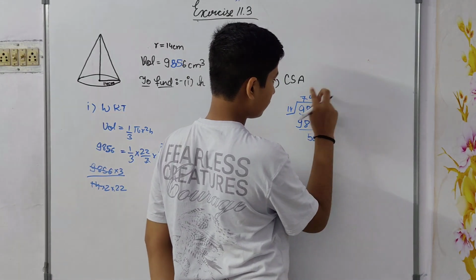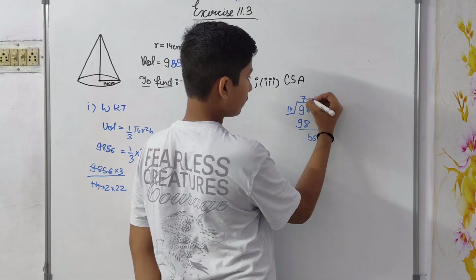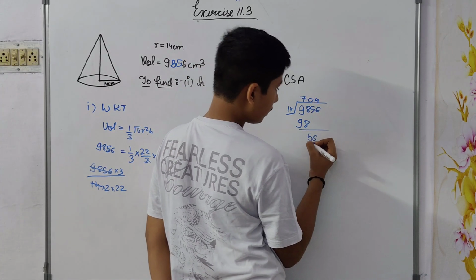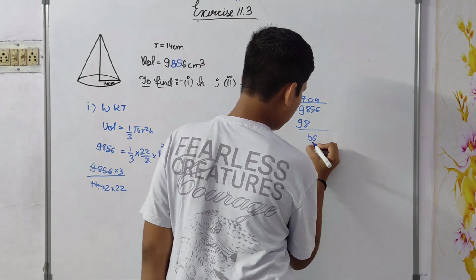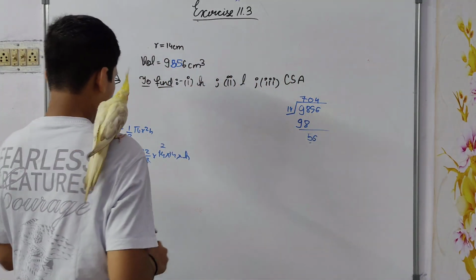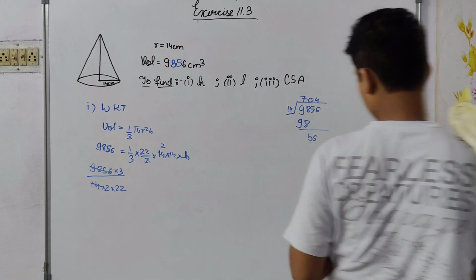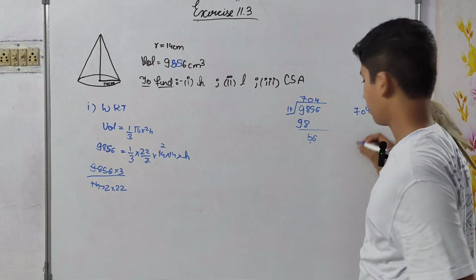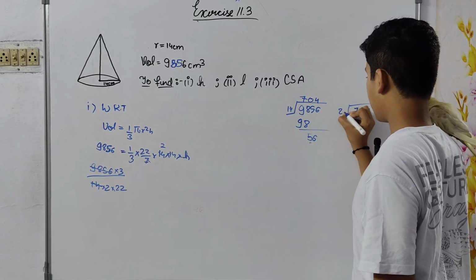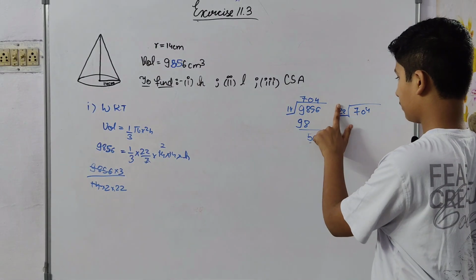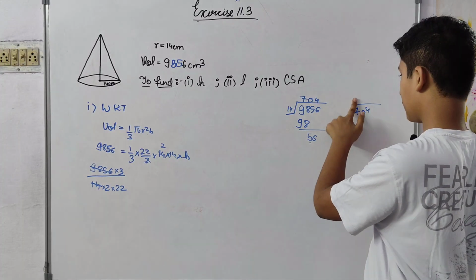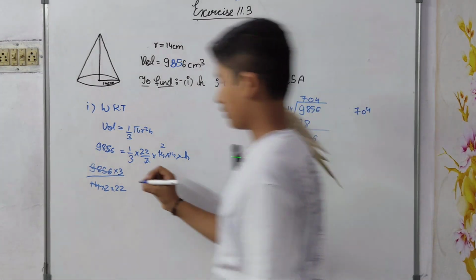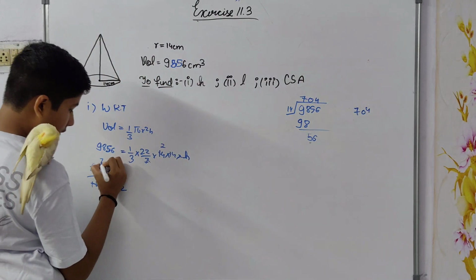Now, 56, 14, 0, 4, 56 here. 704, 704 divided by 22. No, instead of this, we'll do this 352. So it is 704.